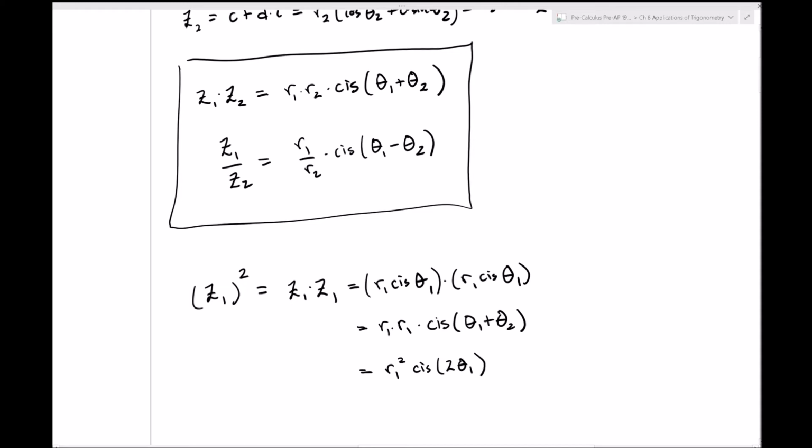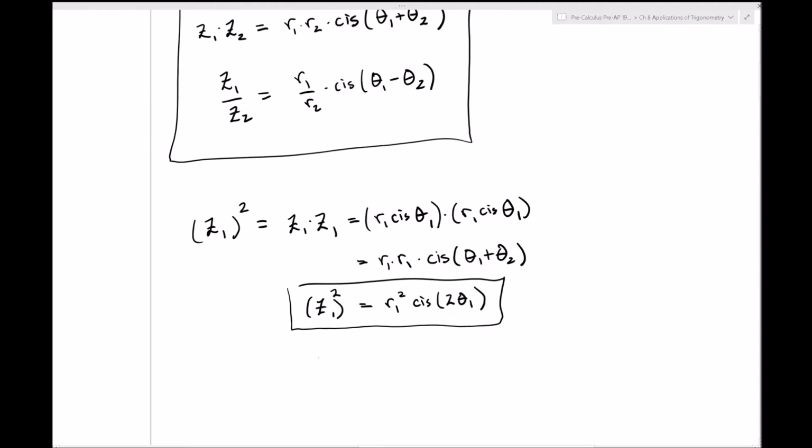So theta plus theta is just 2 theta. Here's our formula for squaring a complex number. If I wanted to square Z1, or any complex number, it's equal to the square of its modulus times the complex exponential function of twice its angle. So 2 times its angle. This is the power formula, which we can extend to higher level powers.